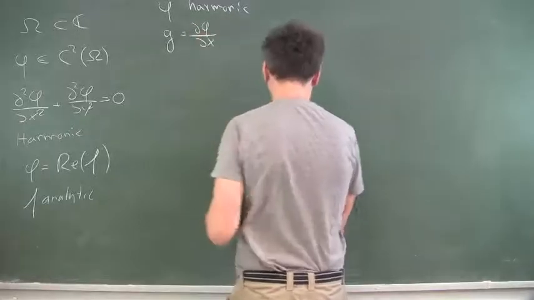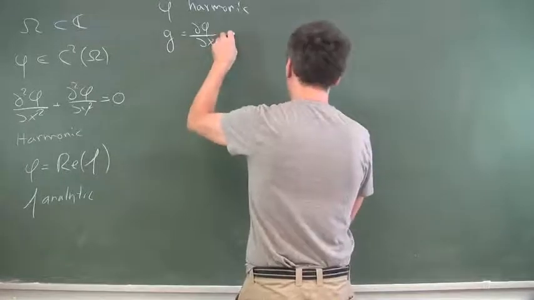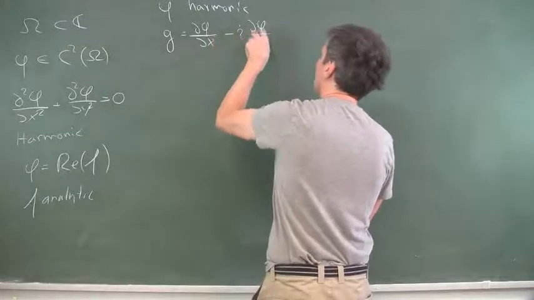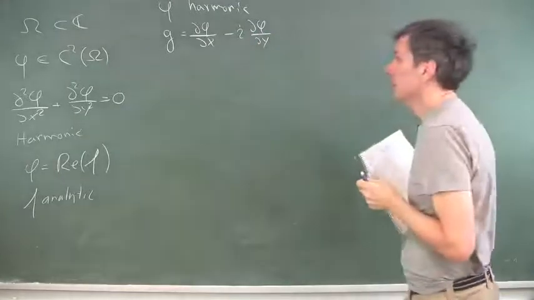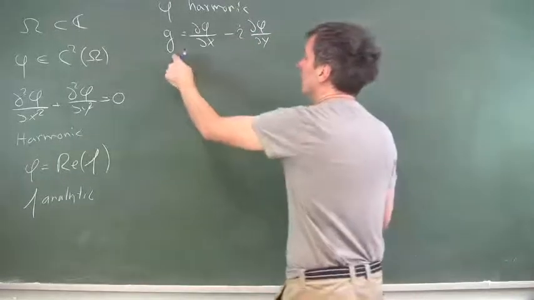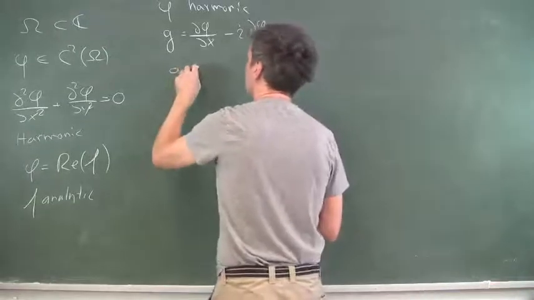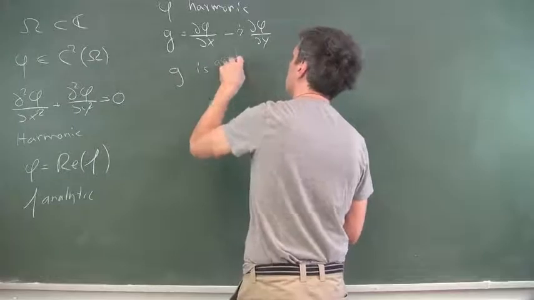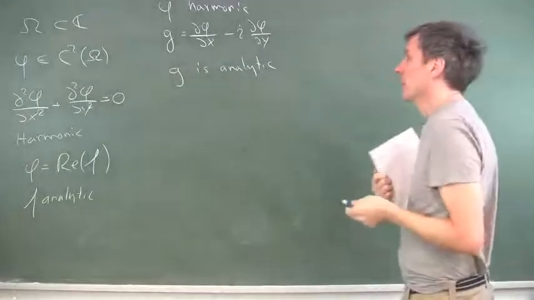You take the derivative with respect to x, and then minus i times the derivative with respect to y. Then it turns out that this function is analytic in the given domain.